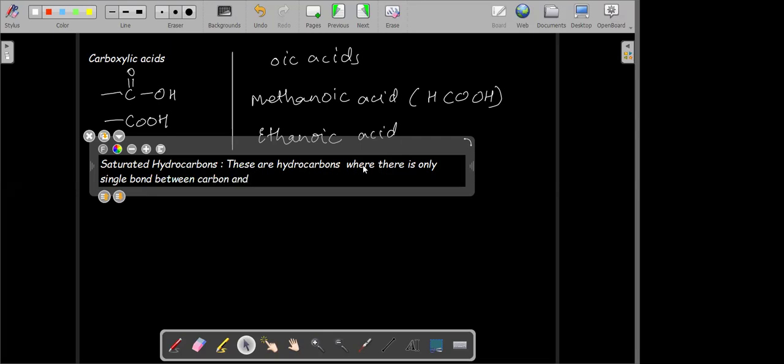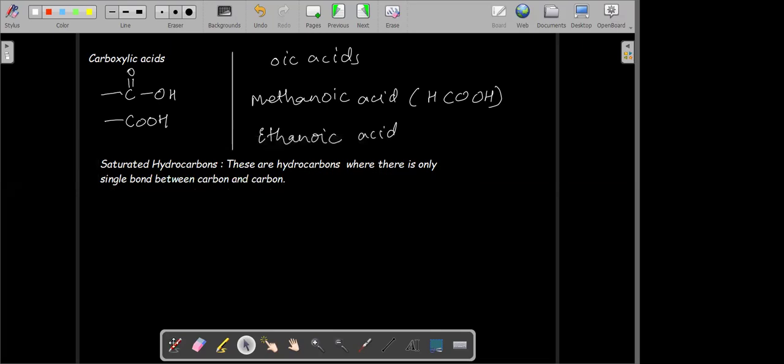So all the alkanes are saturated hydrocarbons. Methane is a saturated hydrocarbon. Alkanes are called saturated hydrocarbons.